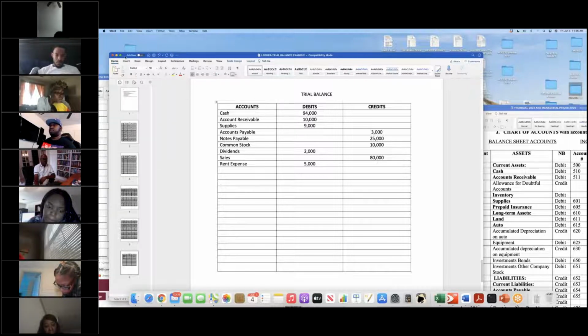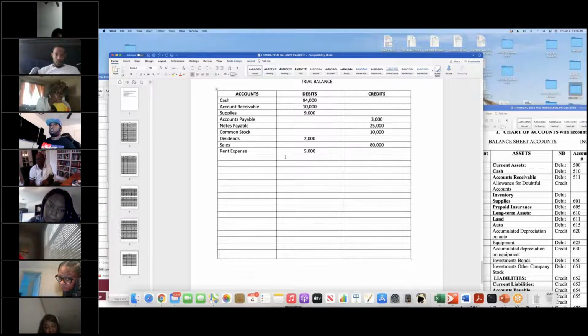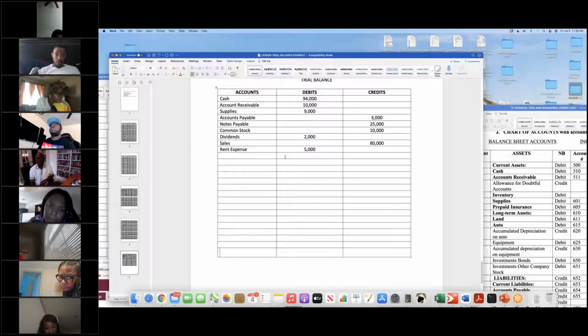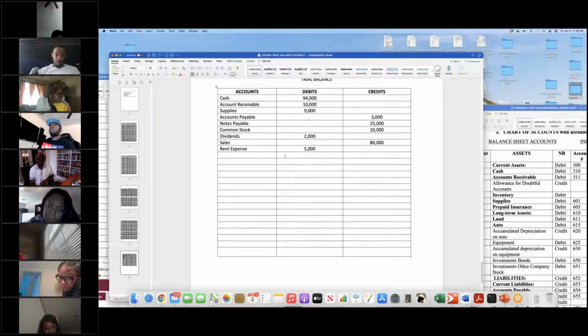Can you share your screen? It's not being shared. You sure? I can't see it. I'm seeing you. What about everybody else? I can see your screen. So the screen is showing for everybody else.